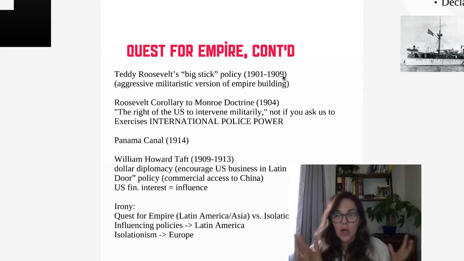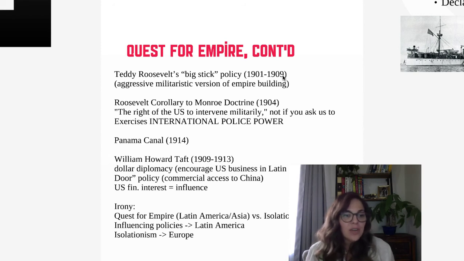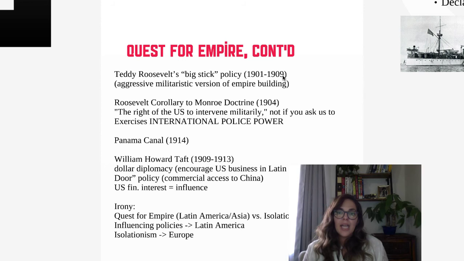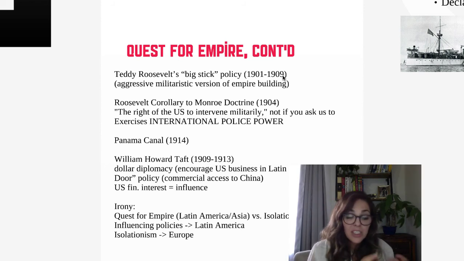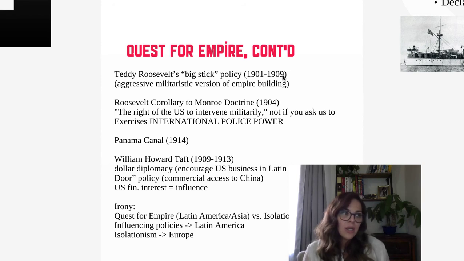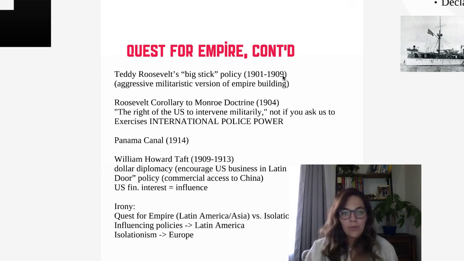Colombia controlled Panama. And I think the French had tried to build the Panama Canal, but they couldn't do it. And so for the U.S., building the Panama Canal, not just building it, but having access to it, would be a step in the right direction for, again, becoming a world power.